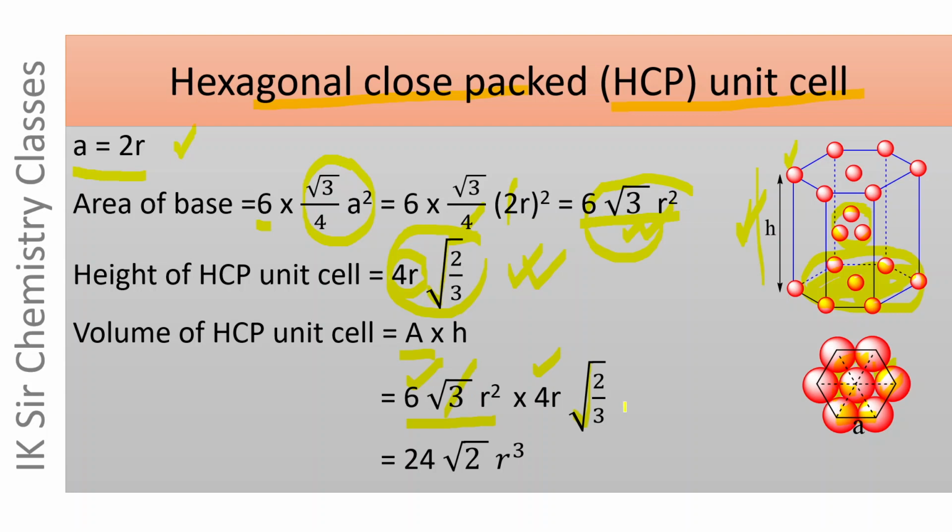Under root 3 will be cancelled out. Under root 2, r square into r is equal to r cube. The volume of the HCP unit cell is nothing but 24 under root 2 r cube.